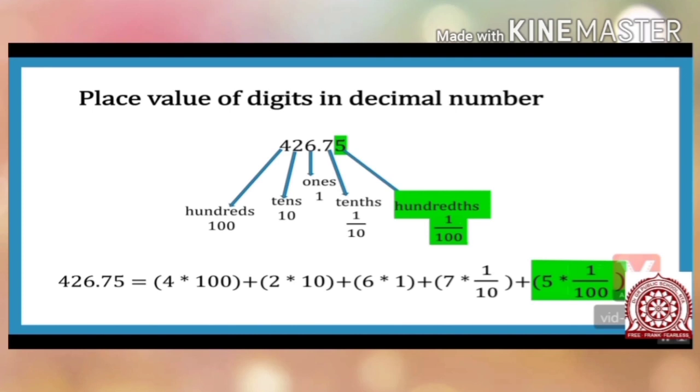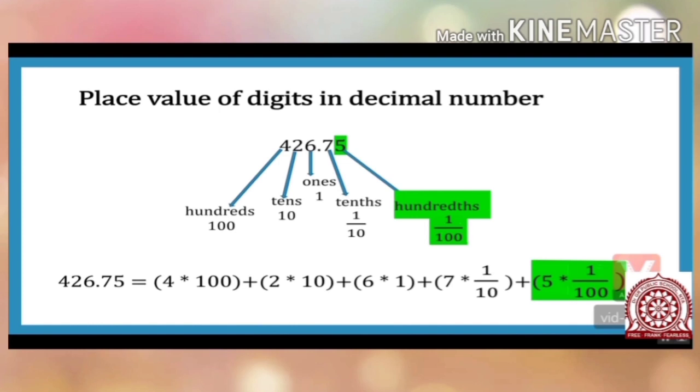Now if we have to expand the number 426.75 as per the place value of its digits, how can we do that? 4 has the place value of 100.